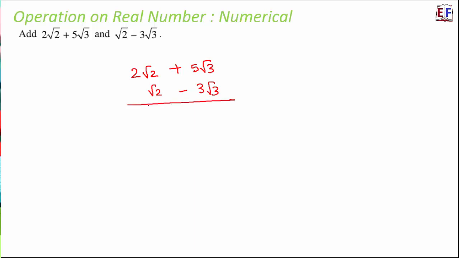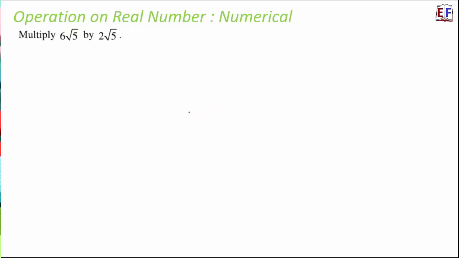So 2 root 2 plus 1 root 2 is 3 root 2. Then 5 root 3 minus 3 root 3, so root 3 will be there, and 5 minus 3 is 2. So this will be the sum.